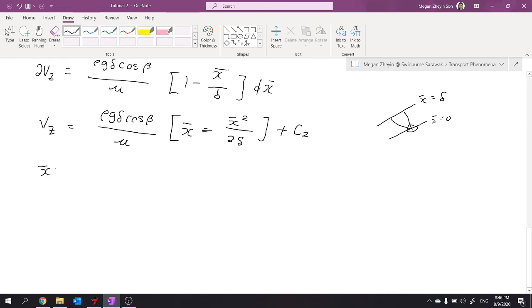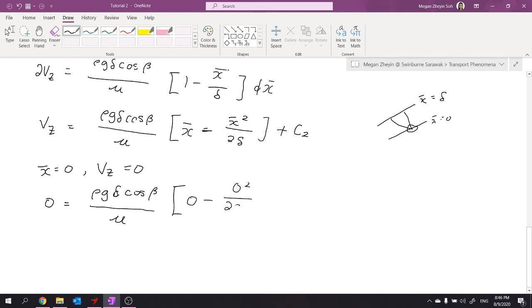At x bar equals 0, vz equals 0. Substituting these in, we get 0 equals rho g delta cos beta over mu multiplied by 0 minus 0 squared over 2 delta plus C2.